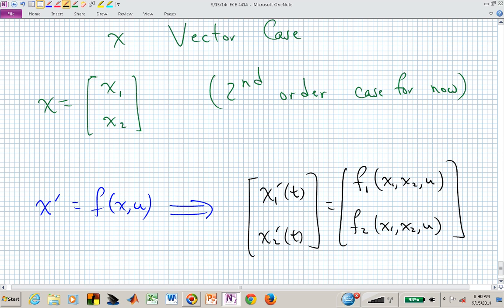And if we had a higher order system, what would happen? How would this change? If I had a fourth order system, how would this right-hand side look? Just add two more rows, right? We would have an x sub 3 prime equal to f sub 3 of x1, x2, x3, x4, u.